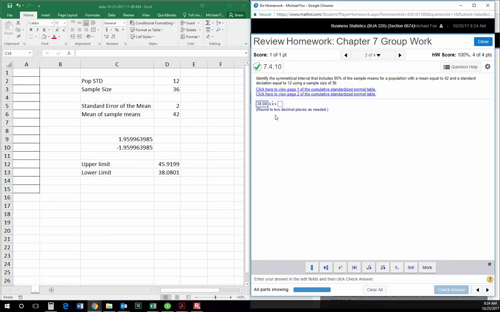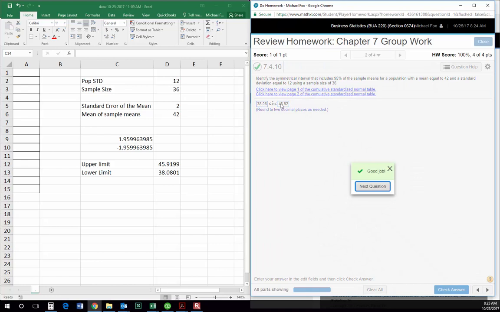So this is the interval that will contain 95% of all values. I know that was confusing. I hope it is helpful to you.